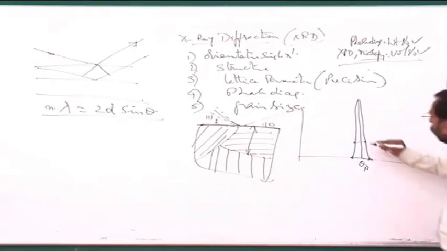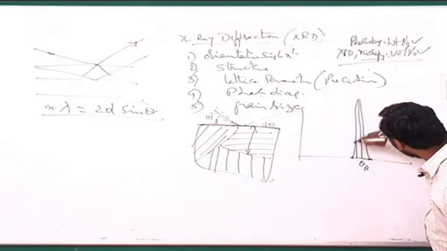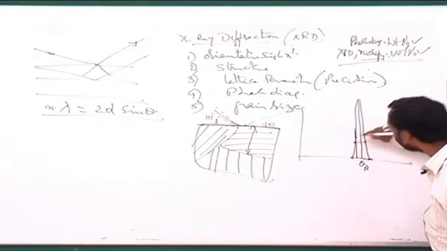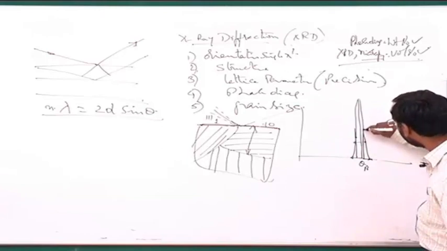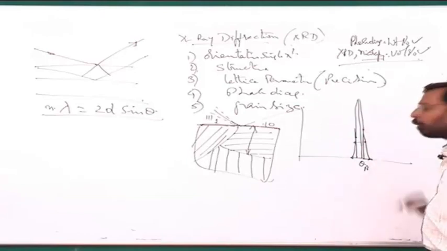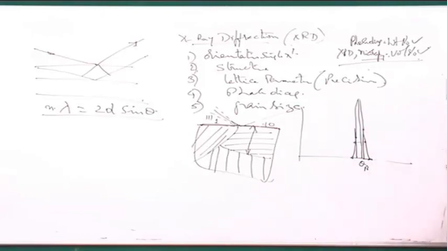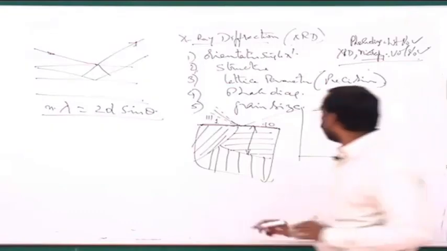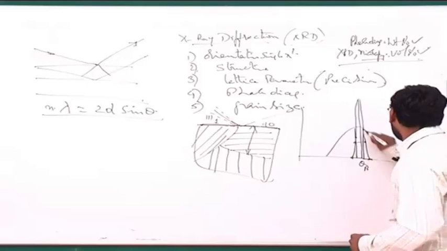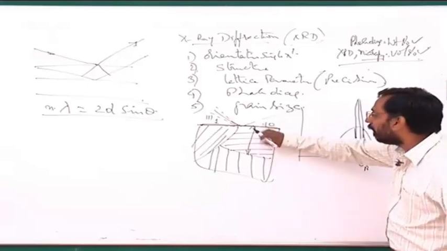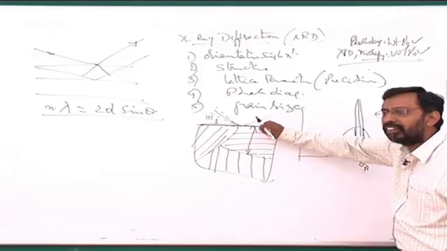At an angle slightly deviating from the Bragg angle, there is some intensity which is actually supposed to be 0, but it is non-zero. And this is going to get worse and worse as you decrease the grain size, as you decrease the number of planes inside the sample.